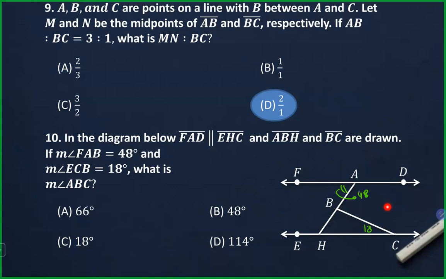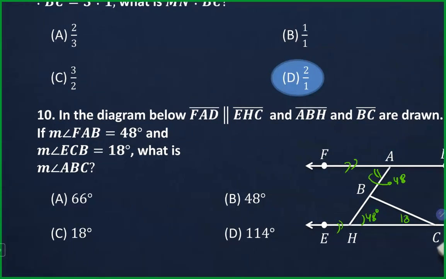If this is equal to 48, then this one is also equal to 48. Both are 48 because they are parallel, alternate interior angles, the Z shape. And this is 18. So 48 plus 18 equals 66. Then 180 minus 66 means this one is 114. So what is this angle?